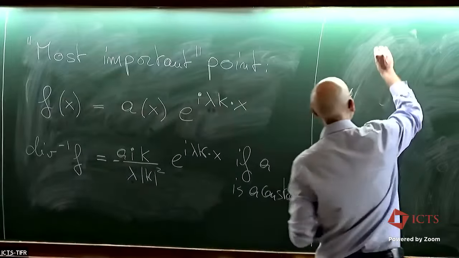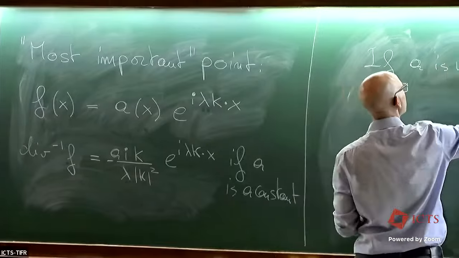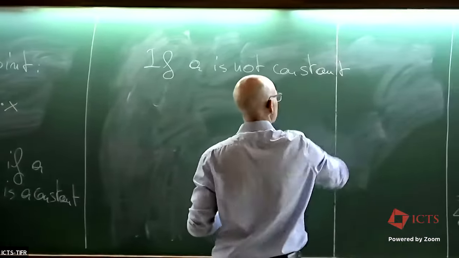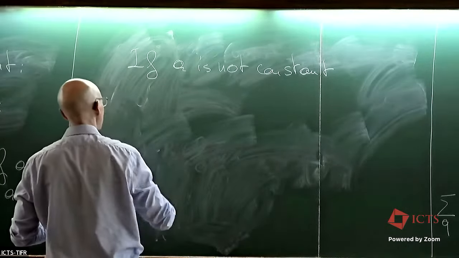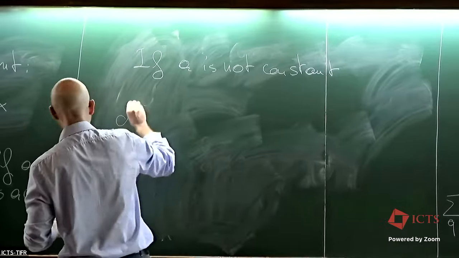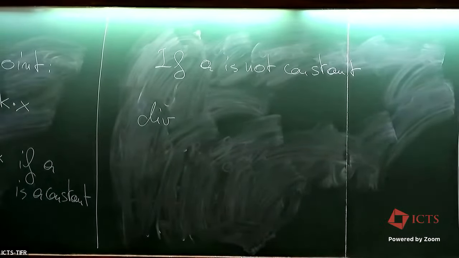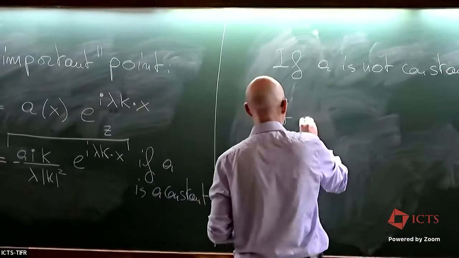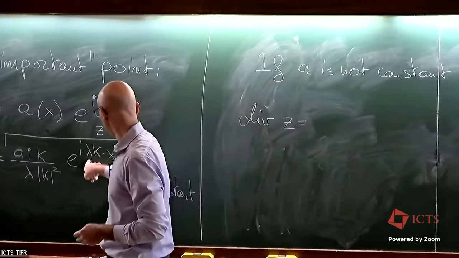So if A is not constant, then the divergence of this vector field, let me call it Z. So then the divergence of Z is one part that we like, which is when we hit with this guy.